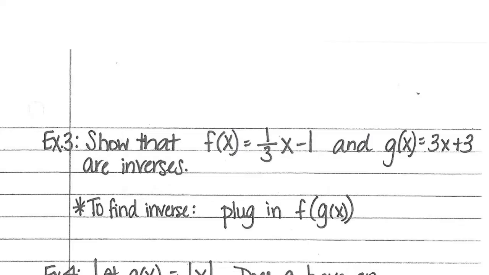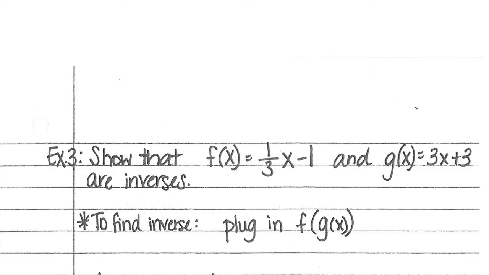All right, the last thing we're going to do is talk about inverses. So what we just did is called composition of functions. Now it's asking us to show that f of x and g of x are inverses. Well, there's a little note right here that says, to find the inverse, plug in f of g of x. And I'm going to show you one other thing, because what you'll see mostly on an SAT or ACT work is a different way to do inverses.